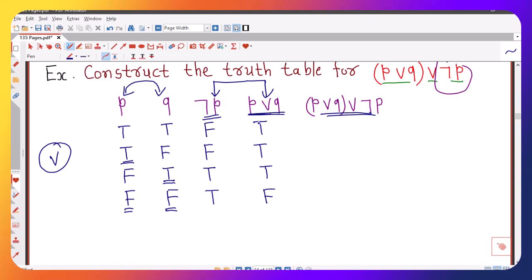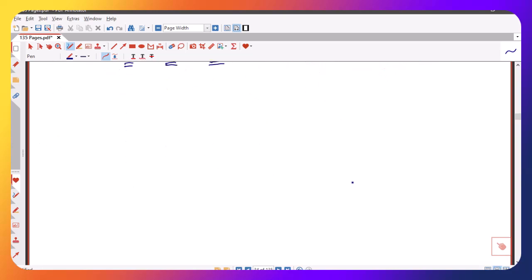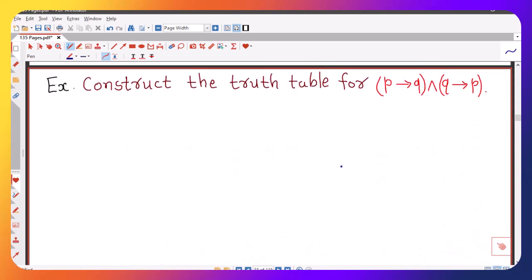So if at least one truth value is T, then this has truth value T. Here we have T, T, T, therefore this is going to be truth value T. Here also we have one statement having truth value T, therefore this is T. So you can see it is very easy to write down the truth tables.